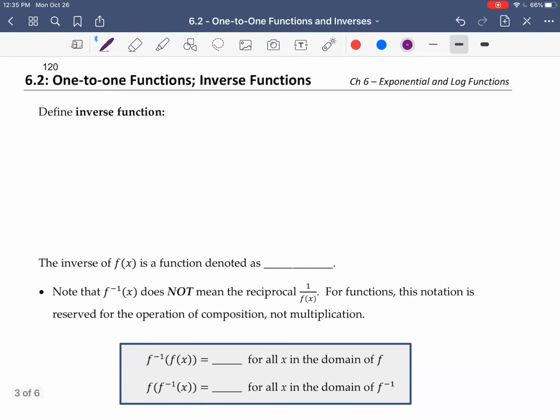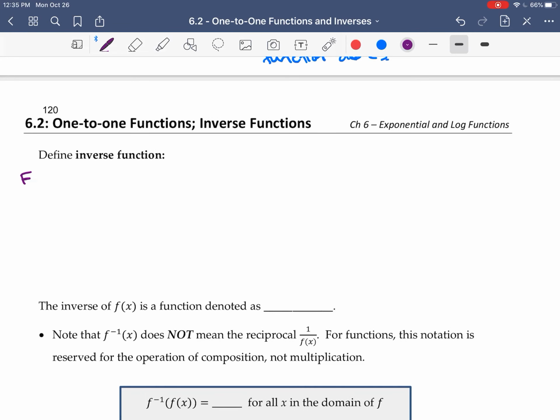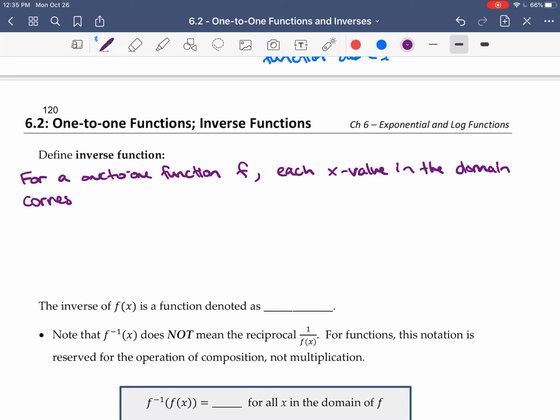So let's formally define this inverse function. Now it only exists for a one-to-one function. So for a one-to-one function f, each x value in the domain corresponds to exactly one y value in the range.